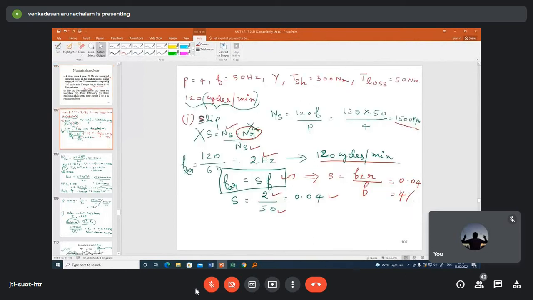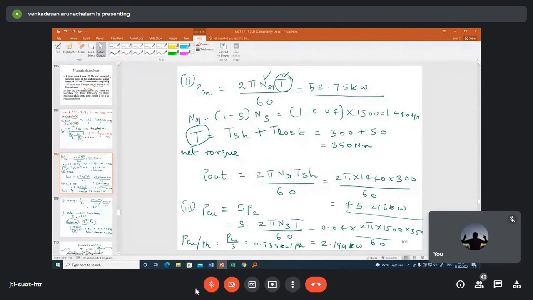Okay. So, what is the power available from the induction motor? It is 2 pi NT by 60. So, P out, I can write 2 pi NT by 60, whereas N is Nr and T is nothing but that is the T out, or shaft torque, or useful torque. So, here T shaft is already given as 300.